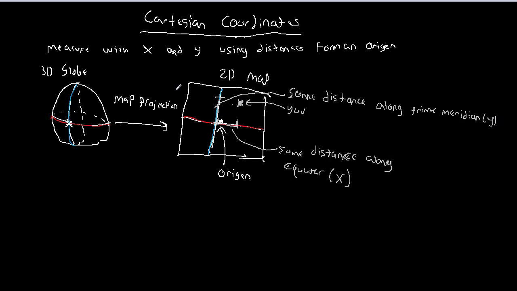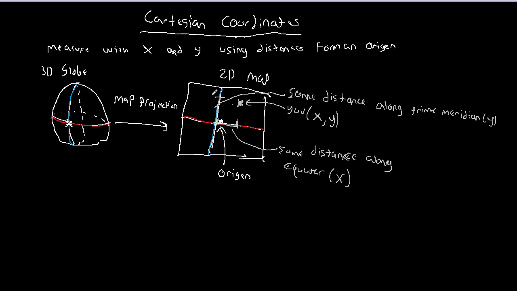And so rather than designating it in a three-dimensional sense along a curved globular surface, we can convert to a 2D surface, and we can give you that same, I say same, we'll talk about why it's not exactly the same later, but we can designate you in terms of your x and your y relative to your distance relative to the equator and your distance relative to the prime meridian.